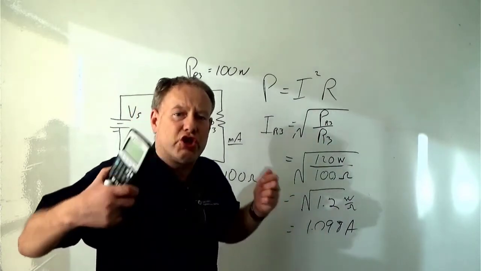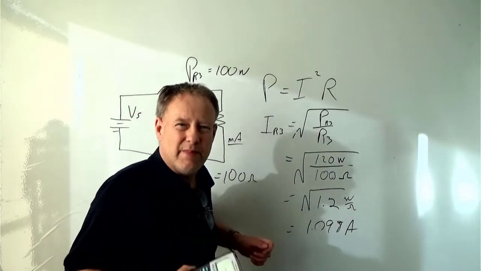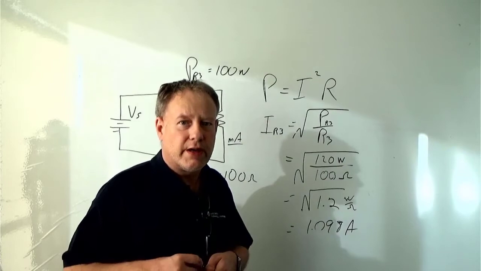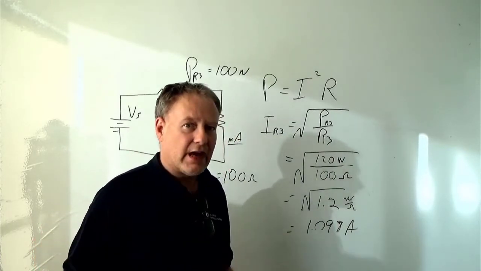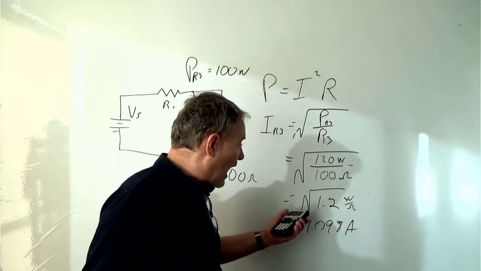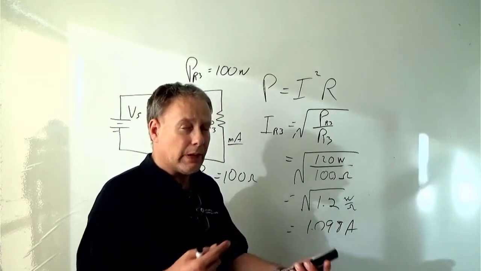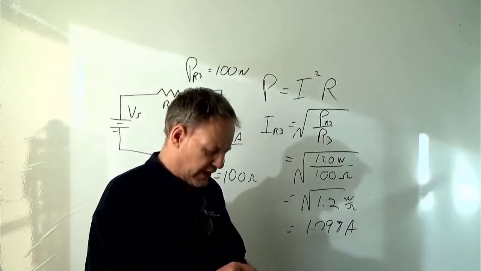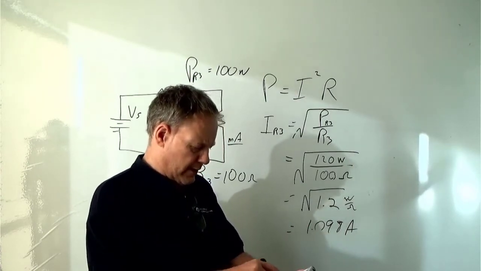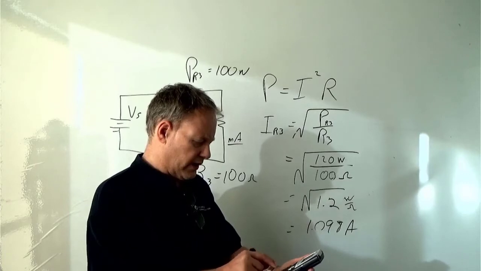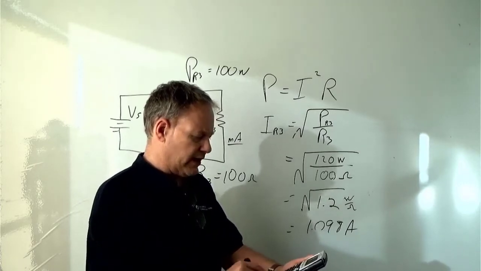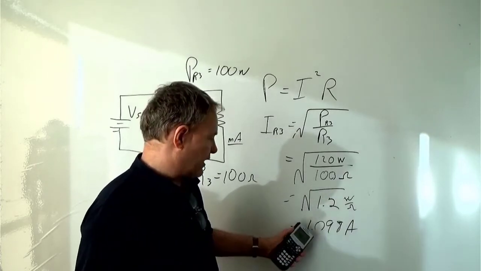You don't need to show your reader the in-between steps of my calculation. You should just type it all into your calculator. You should just type in square root bracket 120 divided by 100 bracket equals, bam. So that's the same number there.